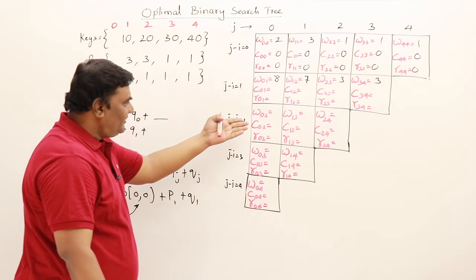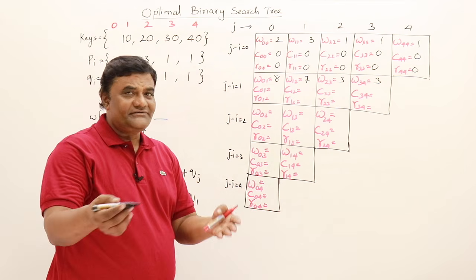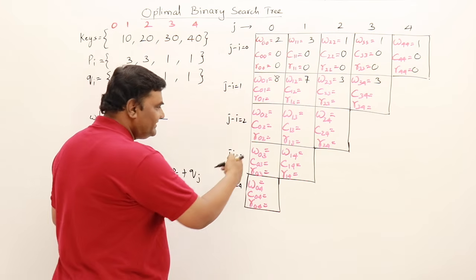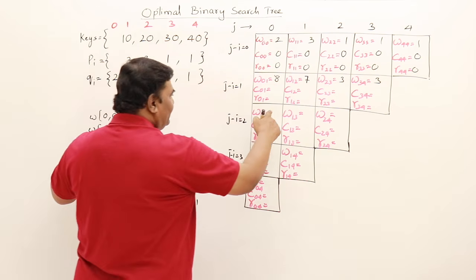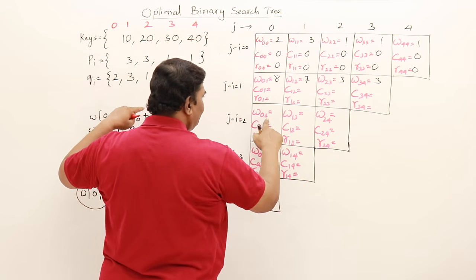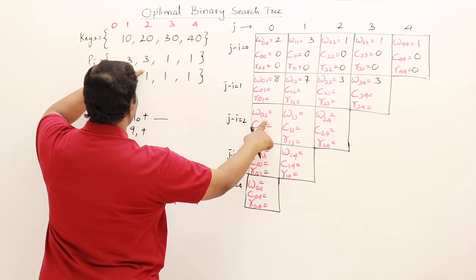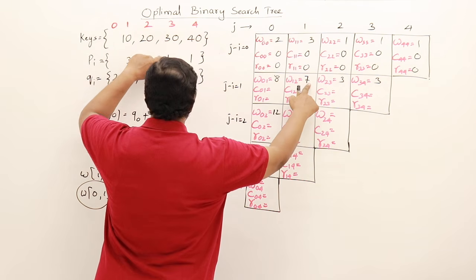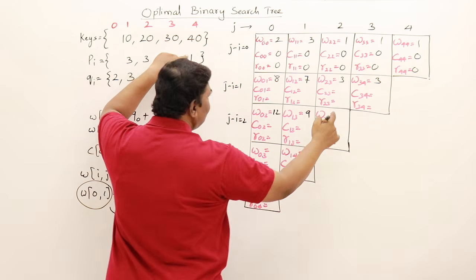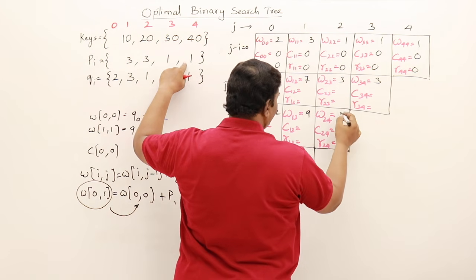Now I can fill up all these W values, so let us finish them. Then I will fill up the cost and the root. So the weight is already known. This 8 is there. Then 2, 2 I have to fill up. That is 3 plus 1, 4. 8 plus 4 is 12. 7 plus 2 is 9. Then 3 plus 2 is 5.